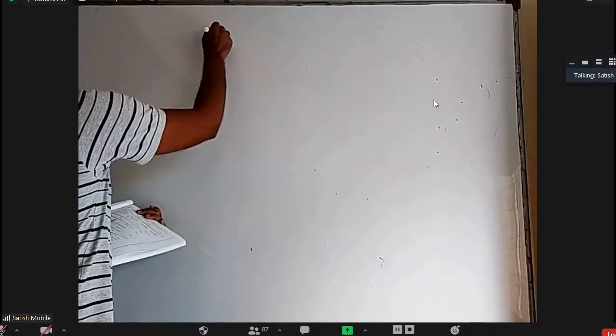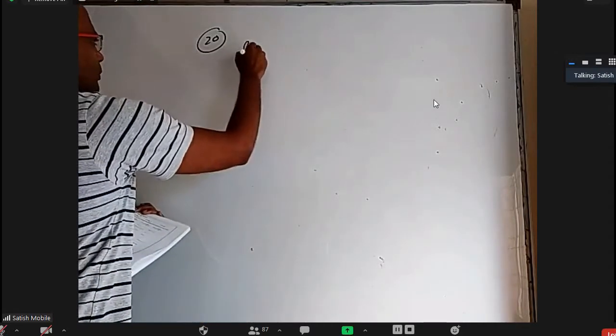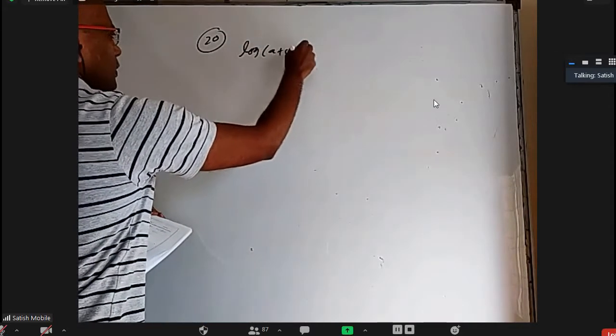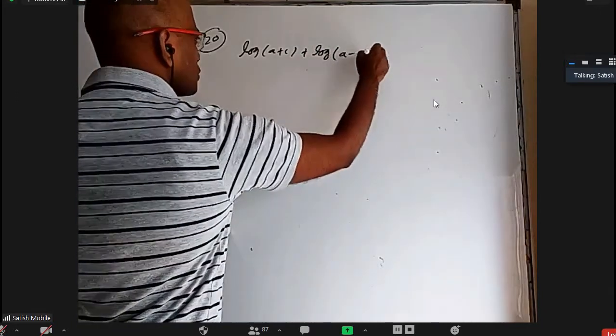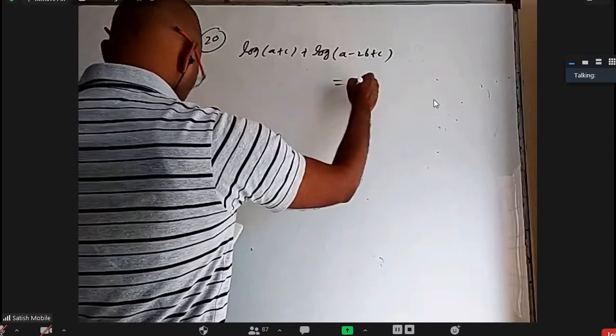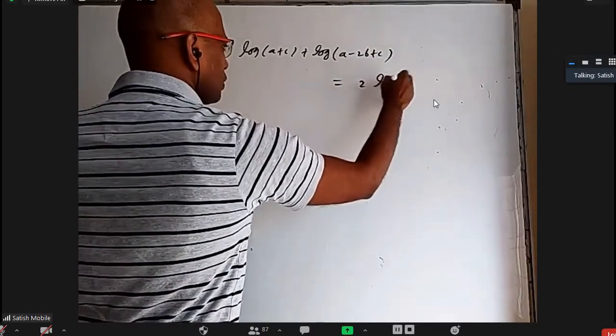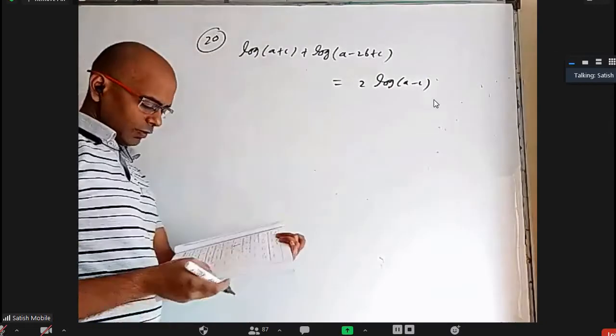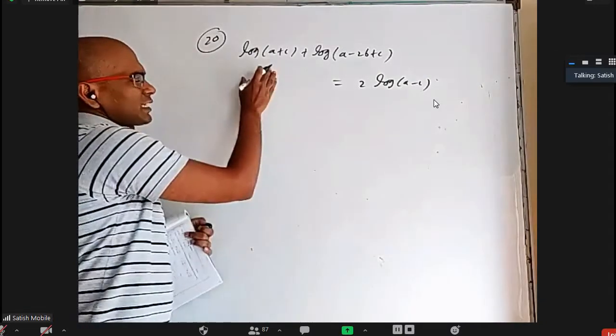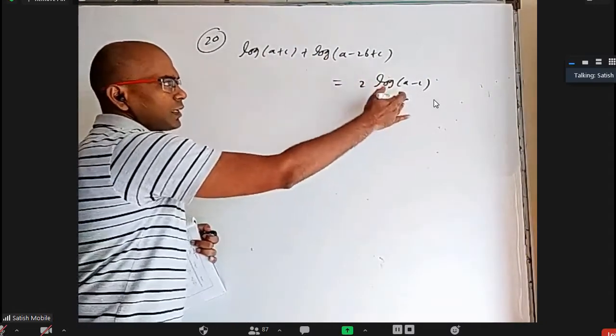Okay, 20. Three things are in arithmetic progression. So log A plus C plus log A minus 2B plus C is equal to 2 log A minus C. Whenever three things are in arithmetic progression, first expression plus last expression is 2 times the middle expression.